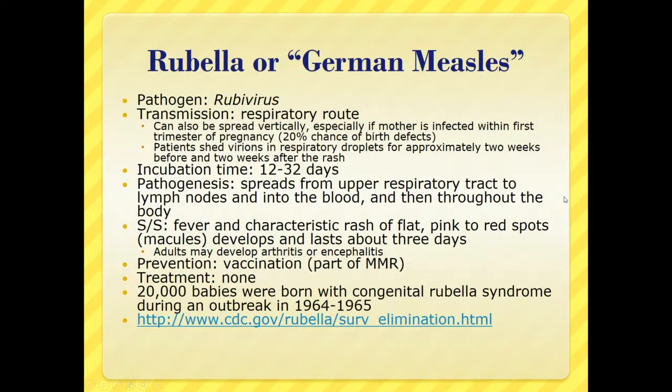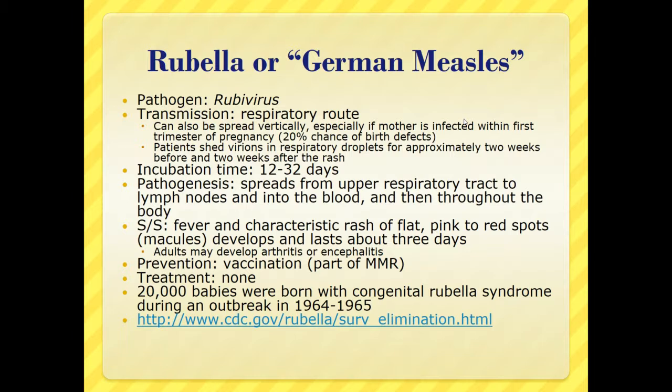So rubella is sometimes called German measles, but it's not measles at all. It's not even related to the measles, not even the same type of virus. But rubella, they used to link with measles because it's kind of similar. They're similar to one another, but rubella doesn't tend to be as bad.